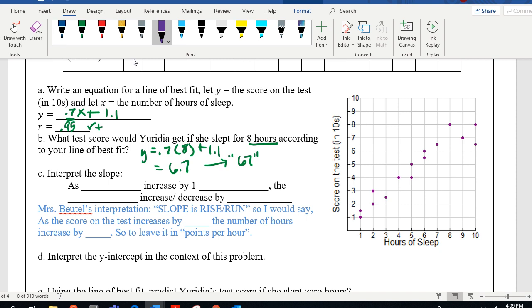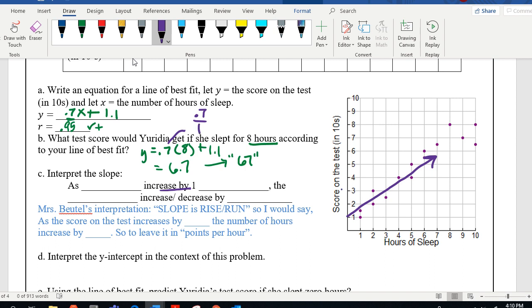Okay, so if we're going to look at our line of best fit, which is somewhere starting at 1.1, our line of best fit is something along this line, okay? I know the way this is, it's been unusual, but if we have to increase by 1, this is our slope, and it doesn't increase by 1, it increases by 7/10 per 1 hour of sleep.